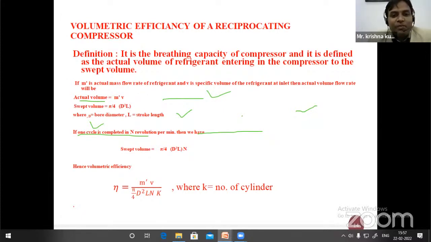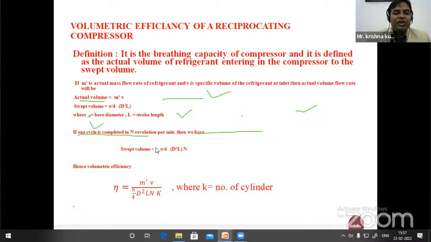If the speed of the compressor is given, we also multiply by n, where d is the bore diameter or cylinder diameter of the reciprocating compressor, l is the stroke length, and n is the speed of the compressor. If one cycle is completed in n revolutions per minute, the swept volume is pi by 4 d square l multiplied by n, and hence the volumetric efficiency eta equals the actual volume flow rate divided by the swept volume.